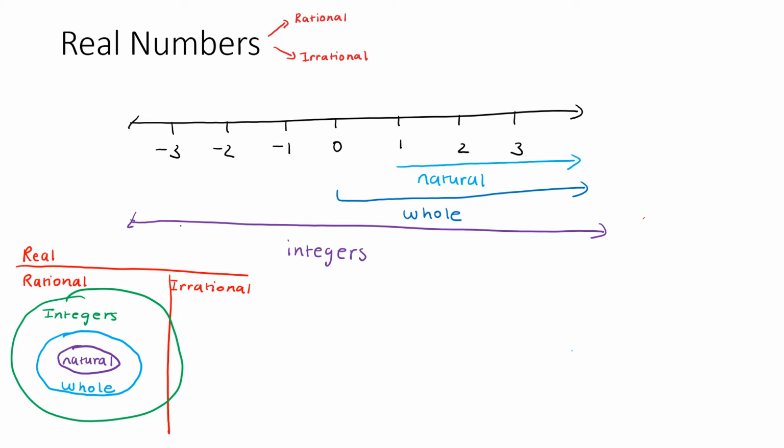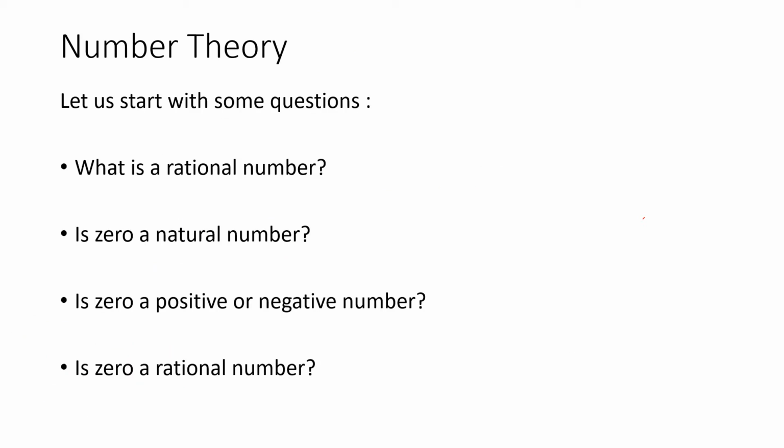Now, there are two ways to depict whether a number is a rational number. One is by the number line, and another is by this condition. A rational number always has to be written as a over b, where b cannot be equal to 0.